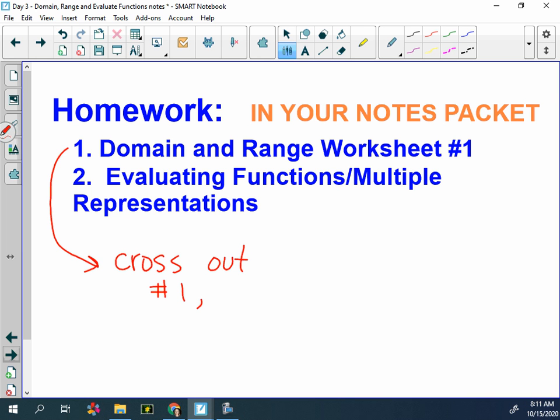I mean, you can do them if you want, but I don't want to confuse you. Cross out number 5. And then number 11. Okay, so just skip those three. I know it's already a little confusing, I didn't want it to be more confusing.